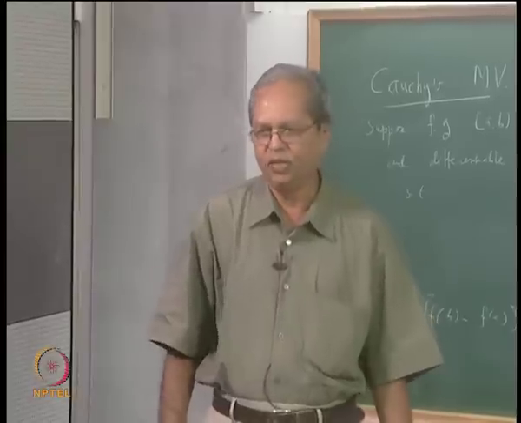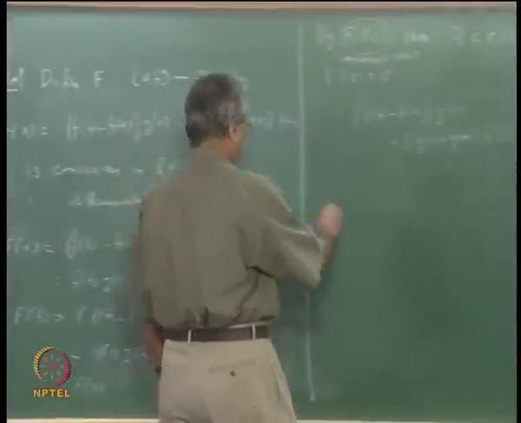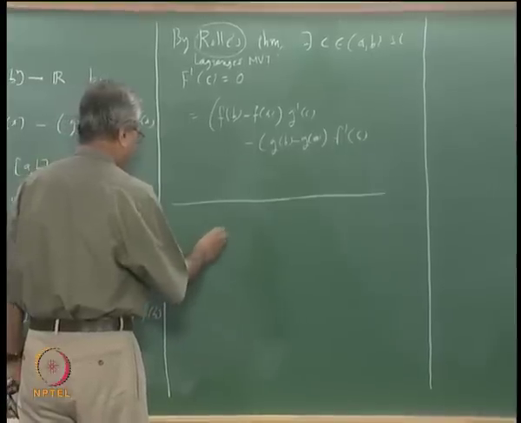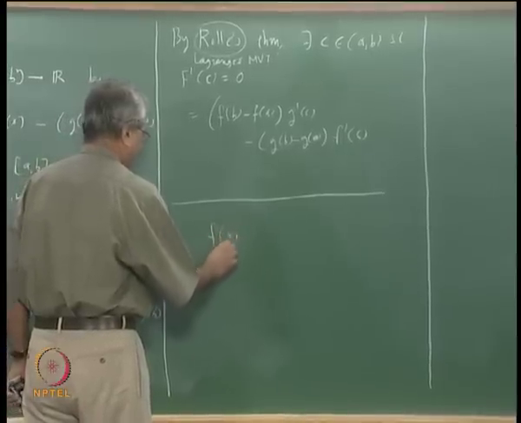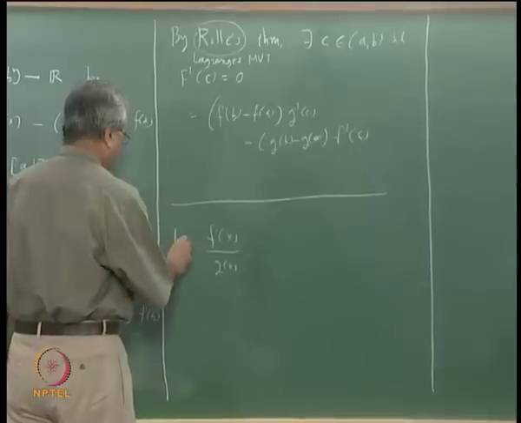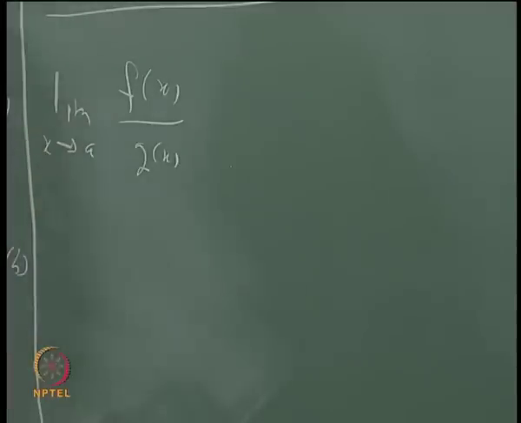What are the issues involved there? Suppose you have functions like f(x) and g(x), and suppose you want to look at the limit of this as x tends to a. And suppose it so happens that f(x) goes to 0 as x tends to a and g(x) also goes to 0 as x tends to a.